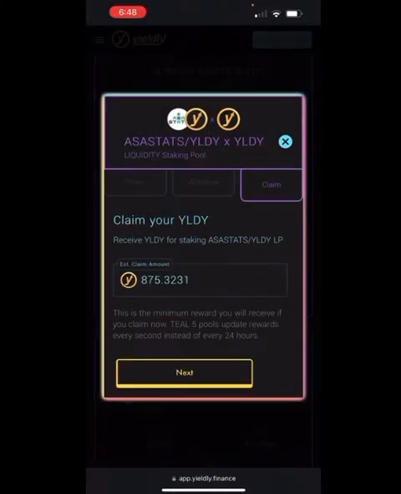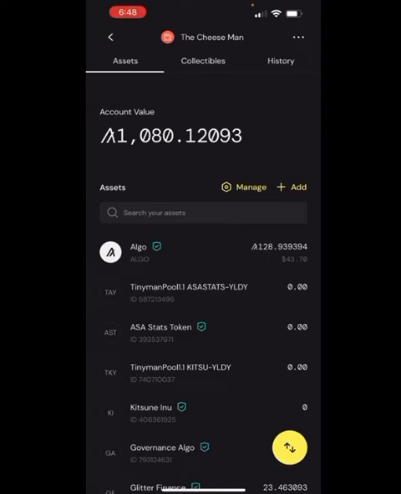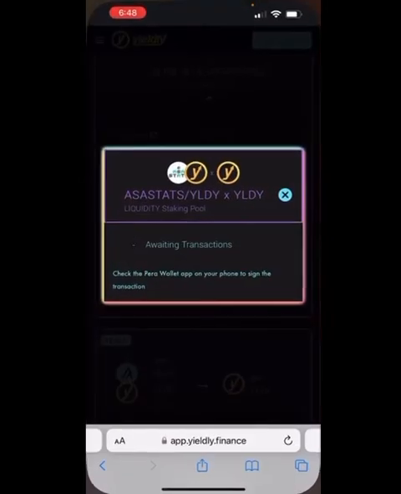So what I'm doing here is I'm claiming today's total, and I can get this at any time because it updates, not in real time, but every few seconds or every couple of minutes it'll update a balance. So I've got 875 of this native token. I'm going to hit next, open, and this is that snag that I was talking about.